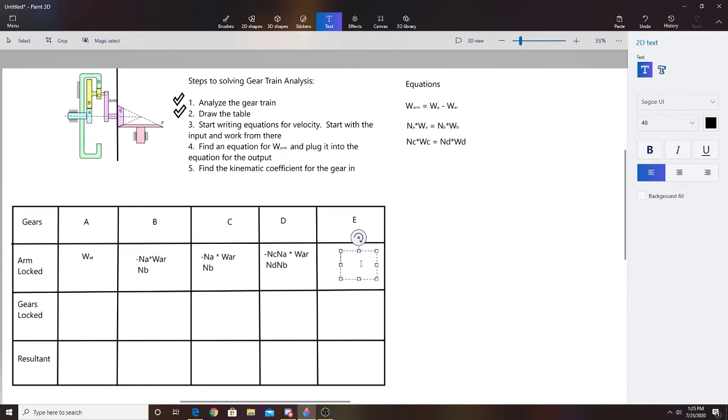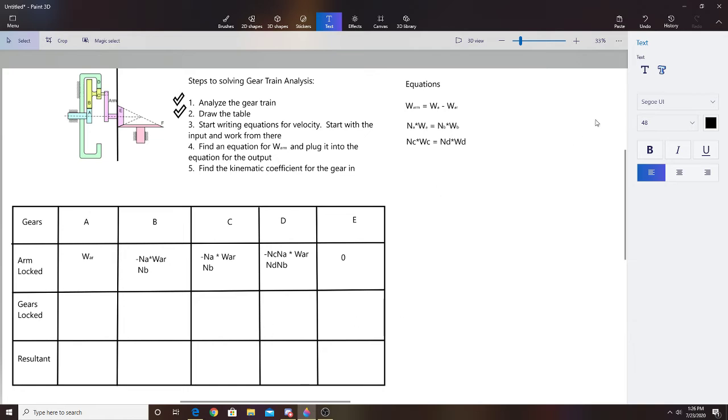Because that's right, it is the same condition. So it is 0. And the reason why, guys, is like I said, the arm is locked. And the arm is this piece right here. And if this piece is not moving, obviously gear E is not moving either because it's on the same shaft, right? It's just sitting there. So gear E has a velocity of 0 in this case.